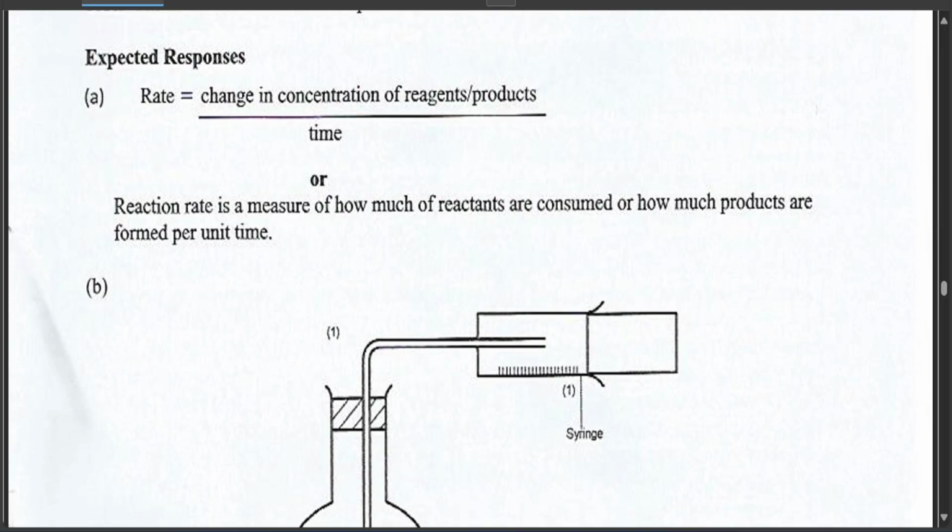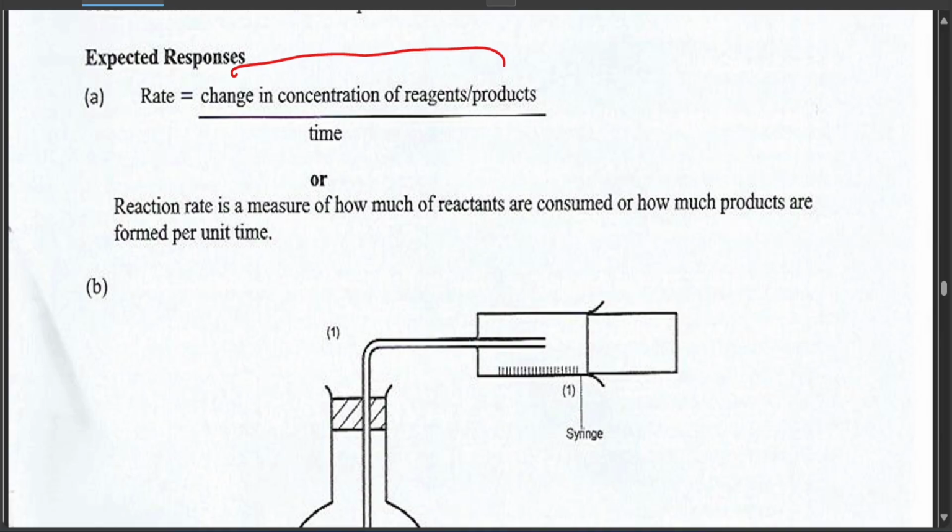So now, reaction rate is a measure of how much of the reactants are consumed, or how much products are formed per unit time. So it's just the changing concentration of reagent over time.